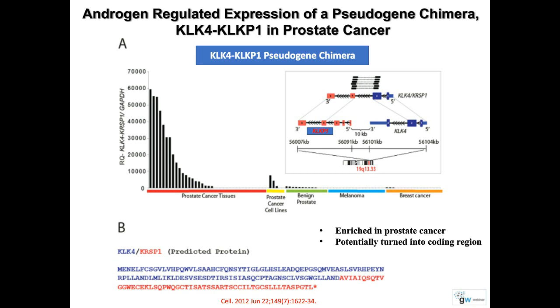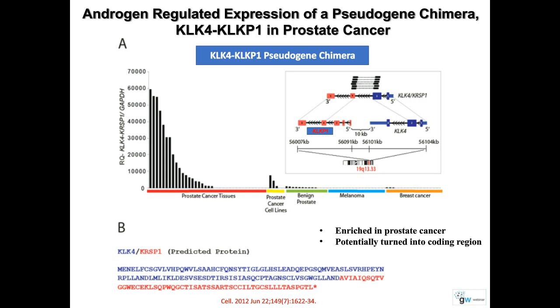It is at a very low level, which could be due to contaminating tumor tissue within the so-called benign tissues, but we see very high level expression only in prostate cancer. This is an interesting finding, so based on this, we wanted to characterize the function and other aspects of this fusion gene.